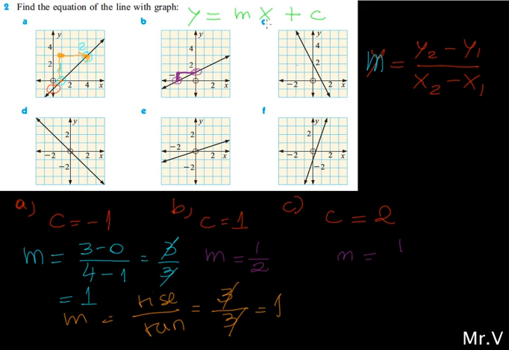Okay, let's try again. What happened here? You know this slope should be negative just by looking at the graph. I'm going to choose this point over here, and let's go with this one this time. Again, with the rise, what is my rise? Do I go up? No, I'm going down.